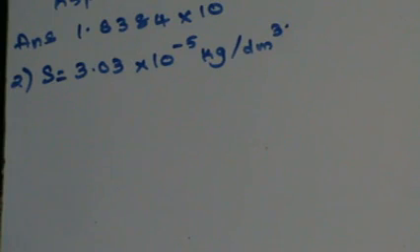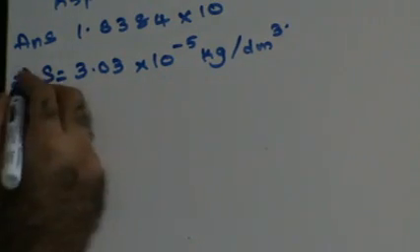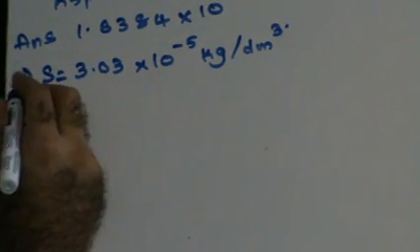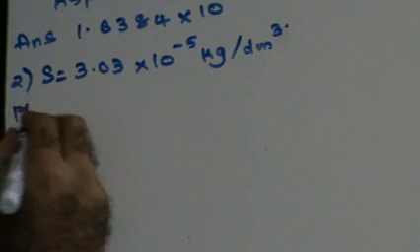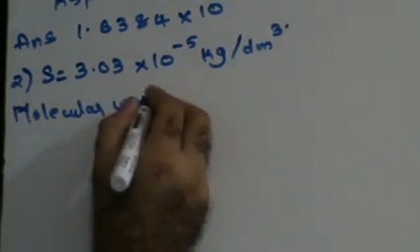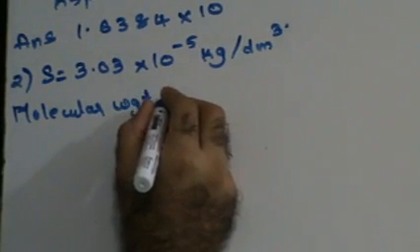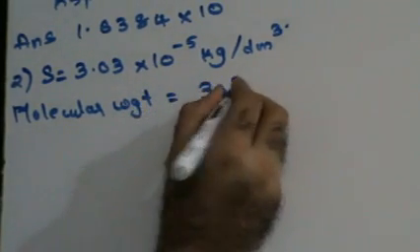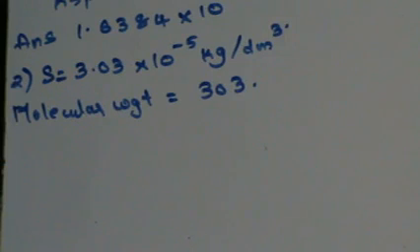Calculate the solubility product if the molecular weight of lead sulfate is 303.